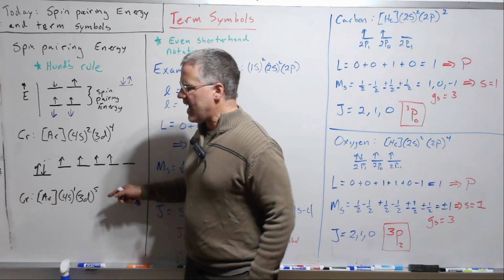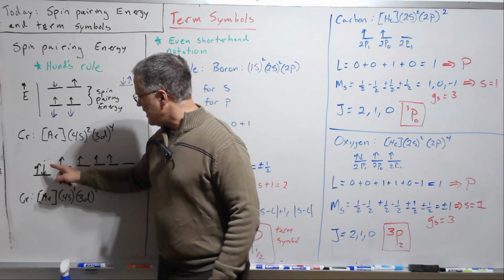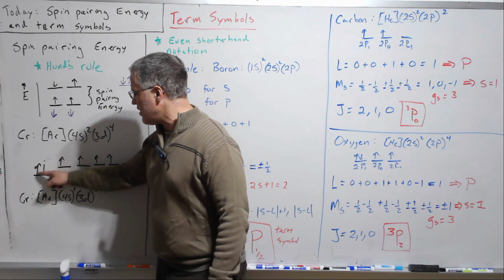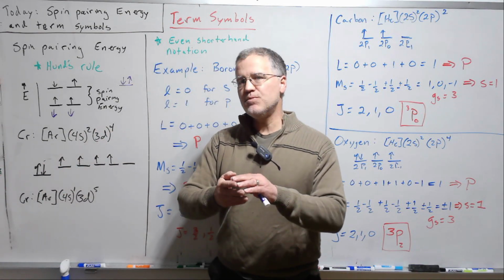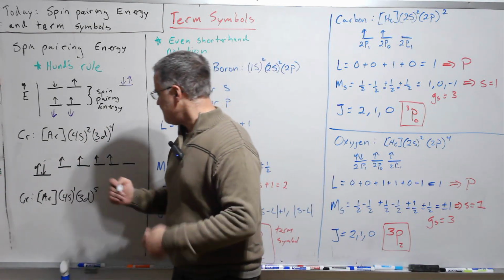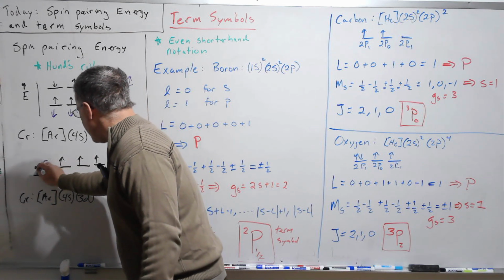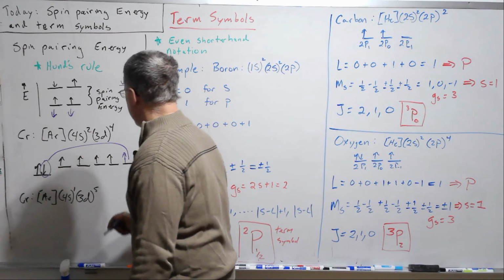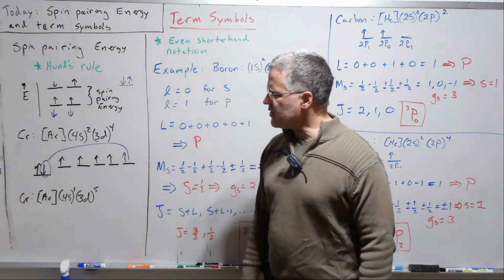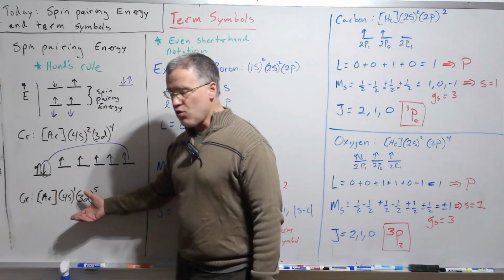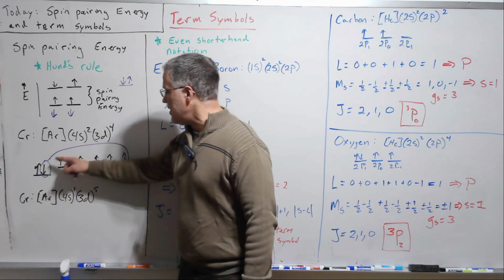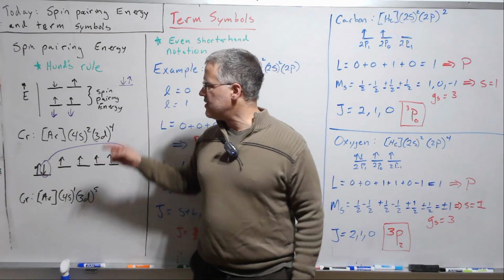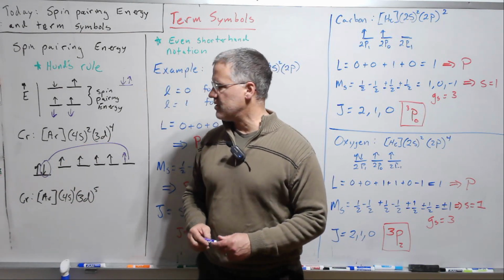And the reason for that is that the energy to pair this electron is more than the difference in energy from taking this and putting it up here. Okay? And so the lower energy state is actually where this is unpaired, because then we don't have to pay the spin pairing energy penalty.